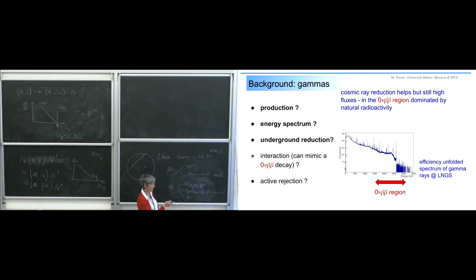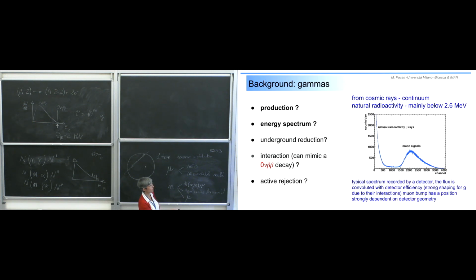And this is an example of a measurement done underground. Okay, the previous one was what I measure with, say, a germanium detector above ground. Then when I am underground, I reduce this peak very much.